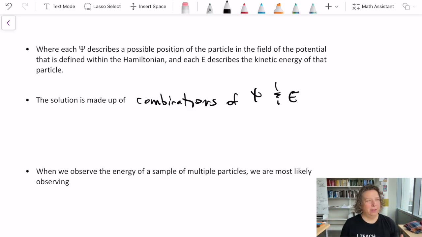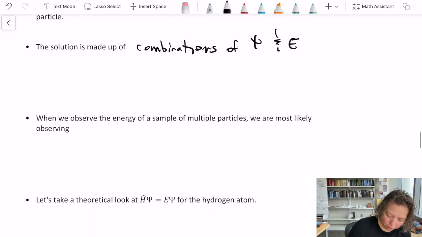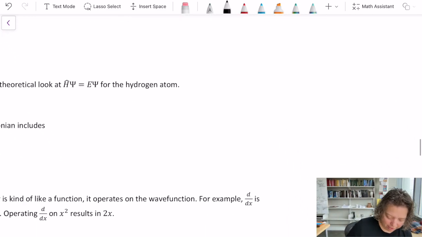If I have a bunch of atoms, for example, and most of those atoms are in their ground state, but one or two of them are in their excited state, what energy am I observing? I can't observe any one atom, so I can't look at one atom. I'm observing a sample of atoms. So what am I observing? We are most likely observing the average energy.